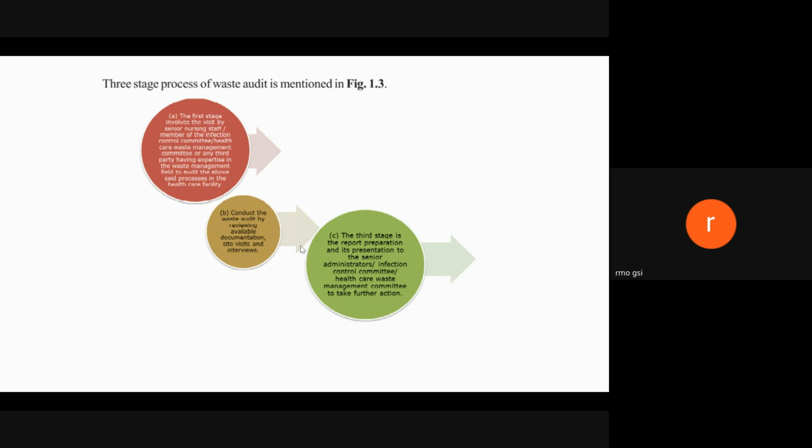The third phase is the final report preparation and presentation to the top management of the institute, to show the actual waste management process implemented in the institute, and the observations and recommendations as per the guidelines.